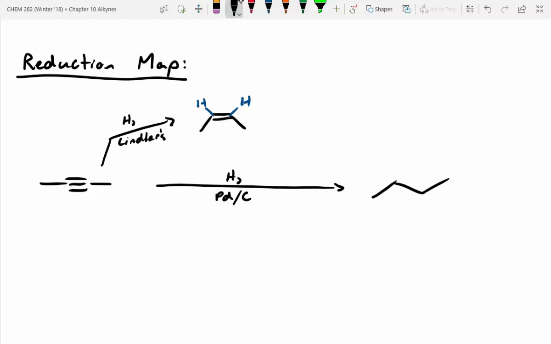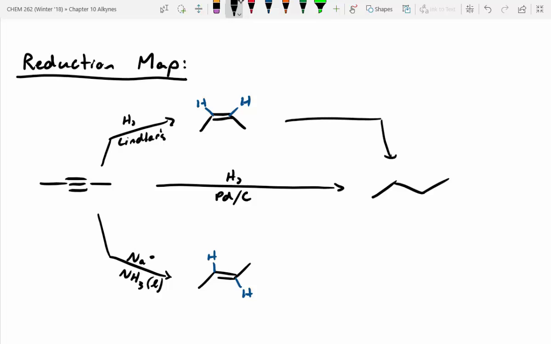All right, and then alternatively, we said we can go to a trans alkene where the hydrogens are installed on opposite faces. And what do we need for that? Yeah, elemental sodium and liquid ammonia. And then what if I want to go from either of these alkenes to the alkanes? Yeah, just H2 and palladium on carbon.